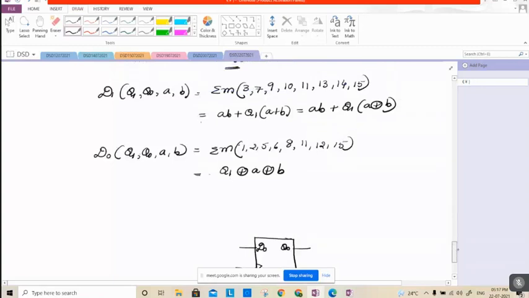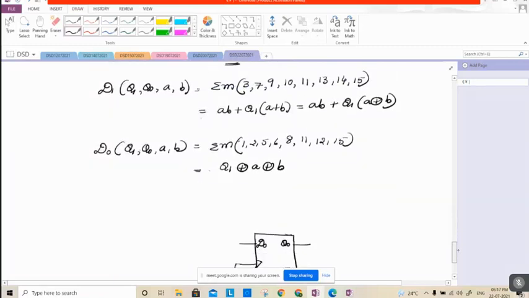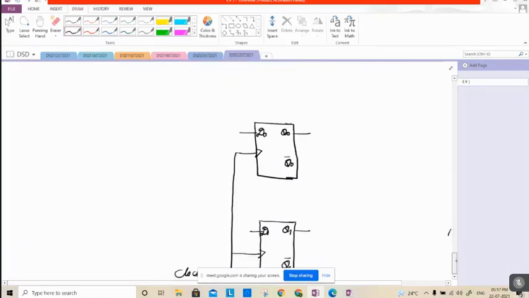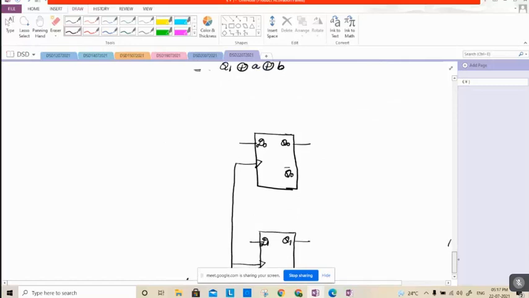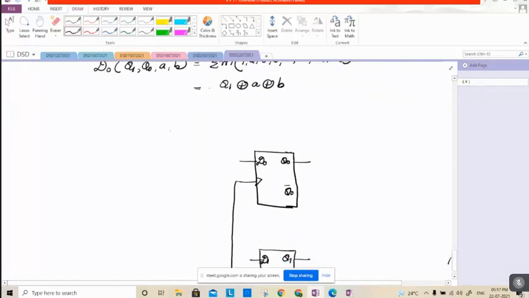Right, what is D0? D0 is equal to Q1 XOR A XOR B. So what is this? This is nothing but a full adder.